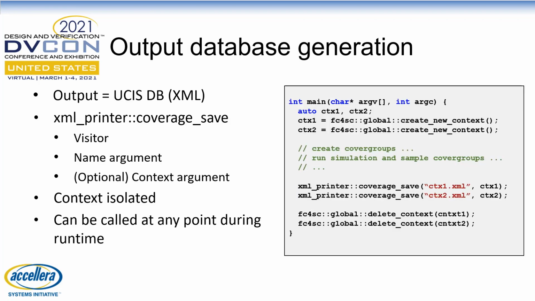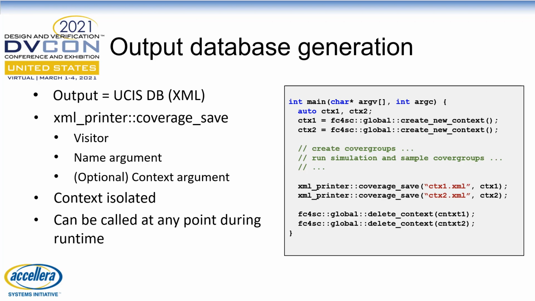As I mentioned before, the coverage output is a UCIS DB file. To generate the output, you can use the XML printer, which is a visitor that collects all the coverage data. When you call the coverage save function, an output XML file will be created with the name that you provide, and it will contain the coverage that is dumped.